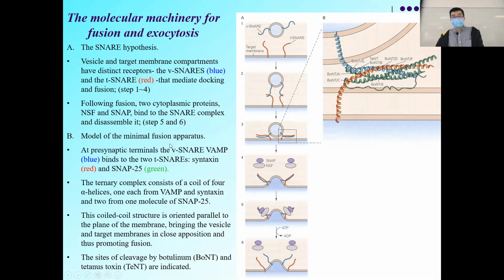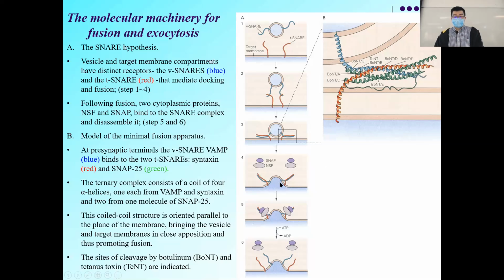So this is the model in which the v-SNARE and t-SNARE bind together. From the structure, it's like a twist of the two proteins. It forms a very stable structure, and then twists and twists again, forming a force at the end that forces the vesicle and the target membrane to fuse.